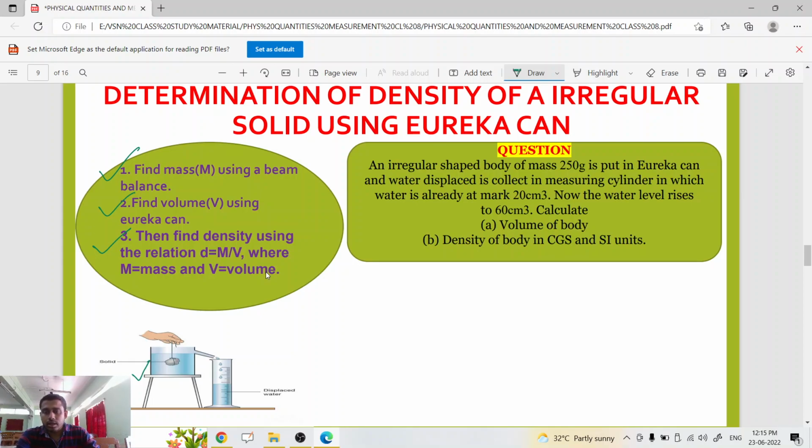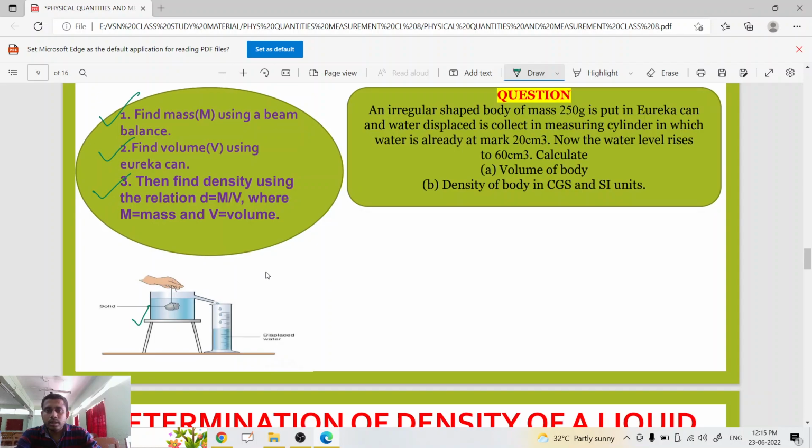Now the question is how we measure the volume of the irregular shaped body with the help of a eureka can. First we fill the eureka can with water up to this mark. Then we immerse the irregular shaped body in the water.